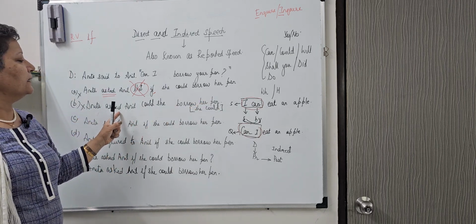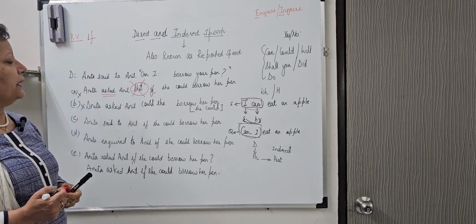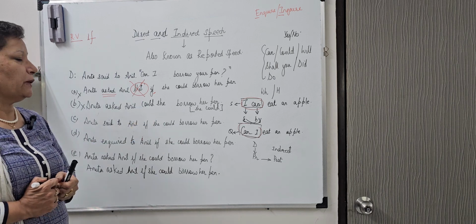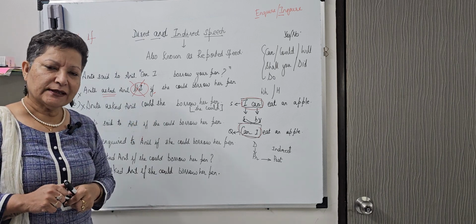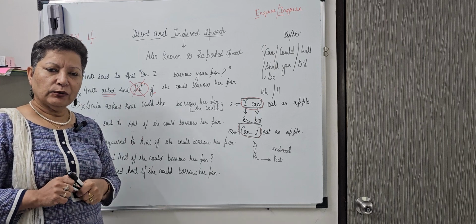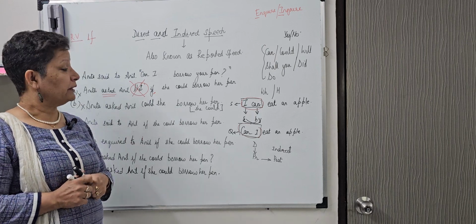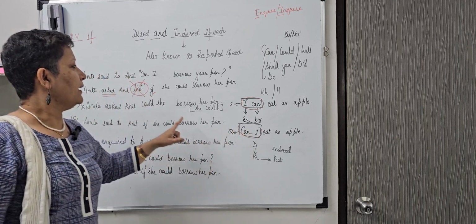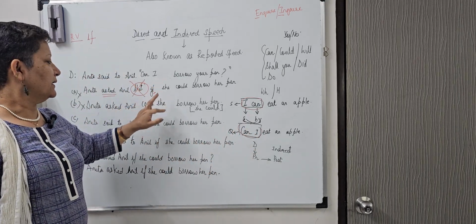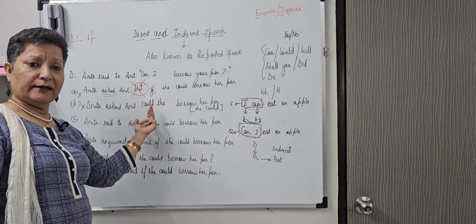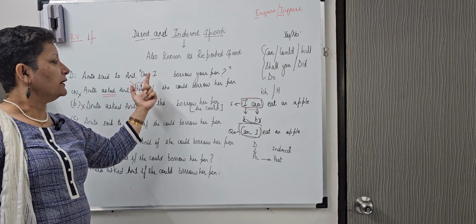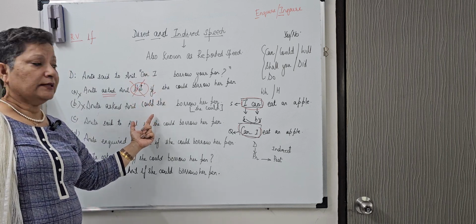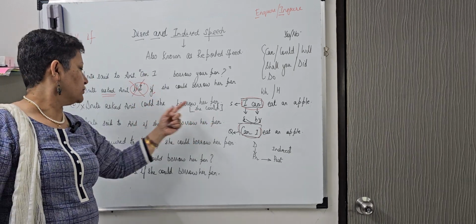Anita asked Anil, could she borrow her pen? Could she borrow a pen? Is it not still sounding like a question? Could I do this? Could she do this? What did we say? That "I can" becomes "can I." So "can I" in your question needs to become "I can." But can has to go back into the past and so it becomes "she could."